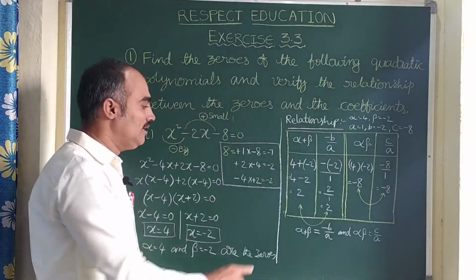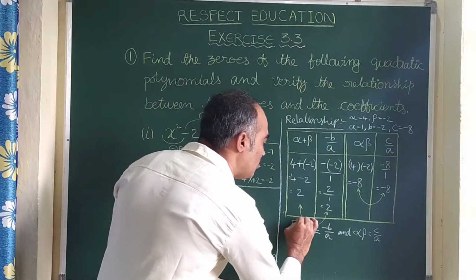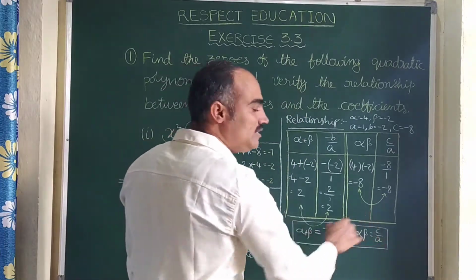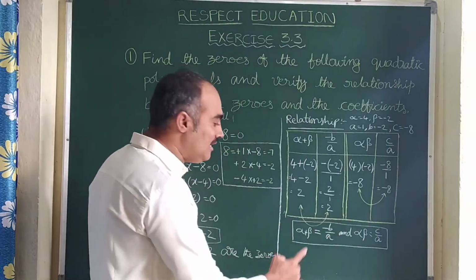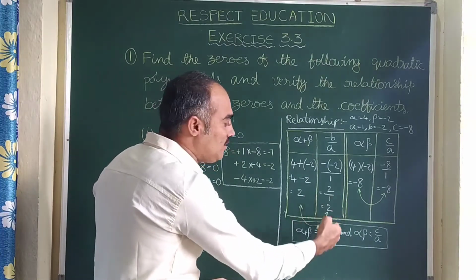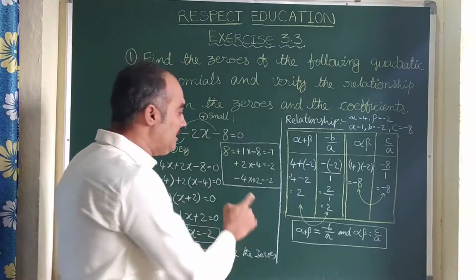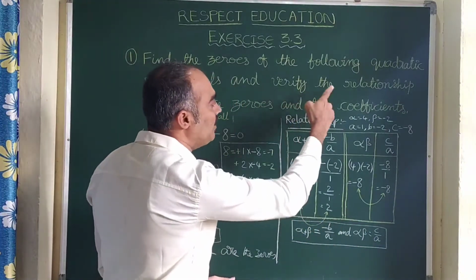Therefore, you observe children, what did we get here? Alpha plus beta is equal to minus b by a and alpha beta is equal to c by a. This is the relationship between the zeros and the coefficients. So the given polynomial too followed the relationship. Therefore here we have verified the relationship.